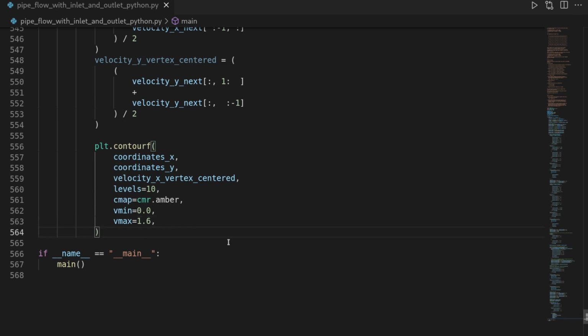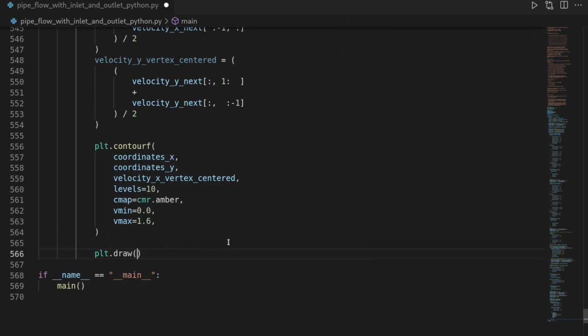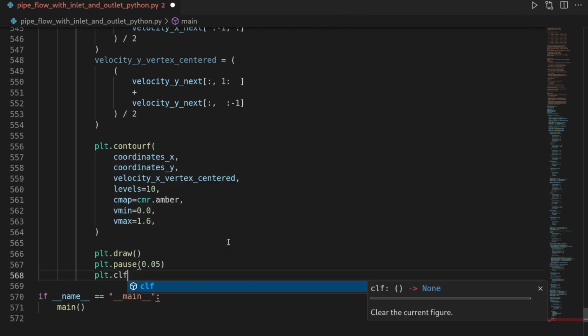And then we have to interactively draw that, get some pause in here of 0.05, and then plt.clf to clear the figure.